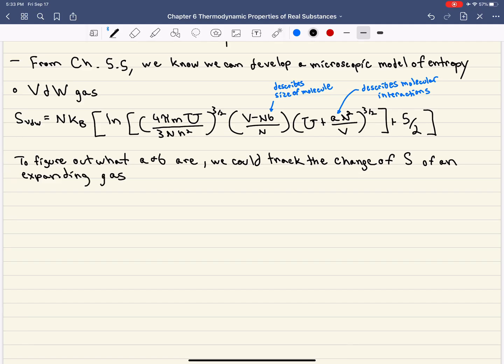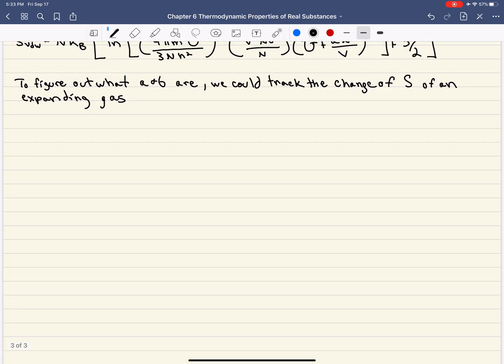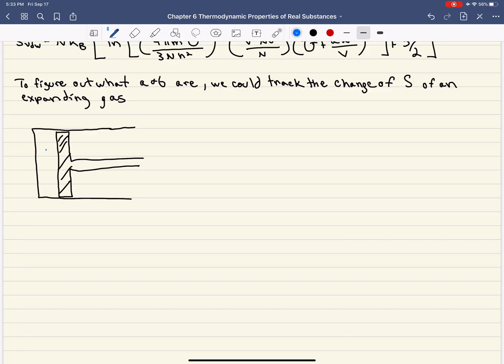For this thought experiment, or actual experiment, we could turn to our trusty model system of the piston cylinder. We start our experiment with some gas that's compressed.